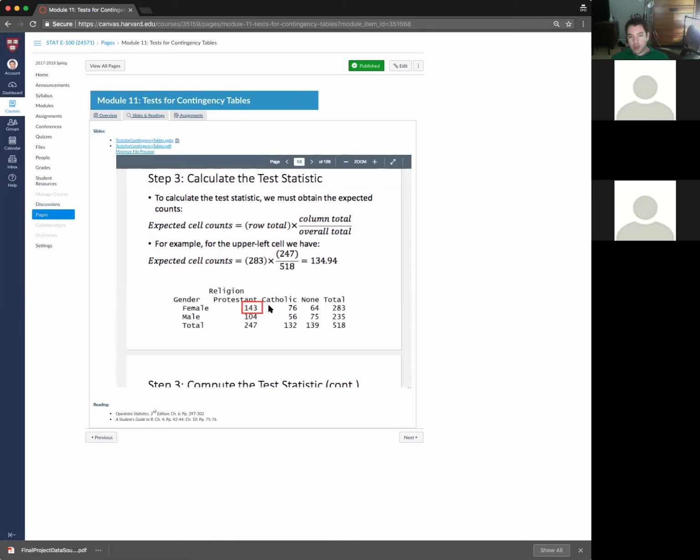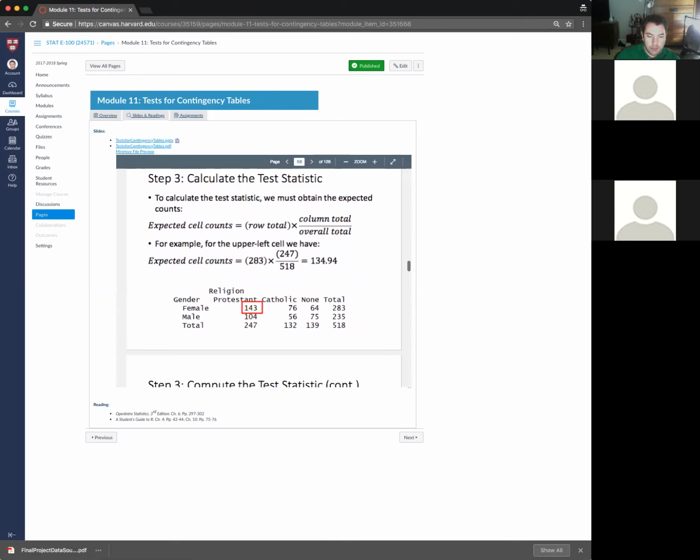Okay, so we could try that with the next box. We could try this with female Catholics. How many female Catholics do we expect? Well, we would take 283 multiplied by 132 divided by 518, right? You can just get out your calculator and see what that would be.